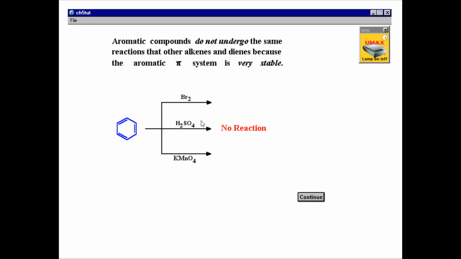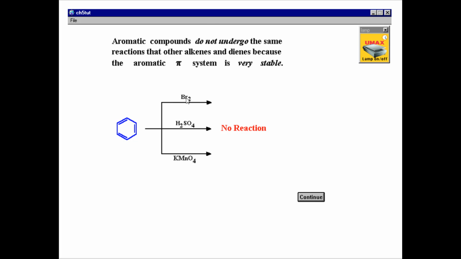Now, benzene is an aromatic compound. All of these compounds that we're going to talk about that have benzene rings could be considered aromatic. What does aromatic mean? It means super stability. Benzene itself, having those 3 double bonds, will not react with the reagents that normally react with double bonds.